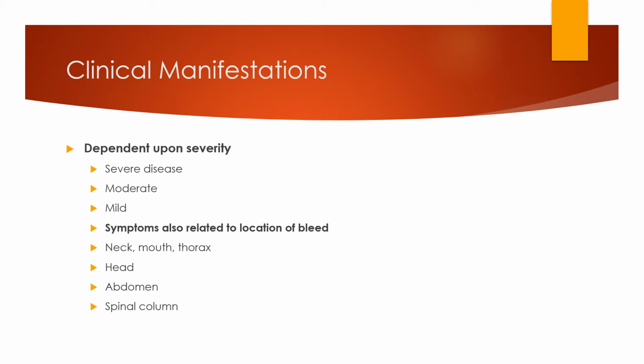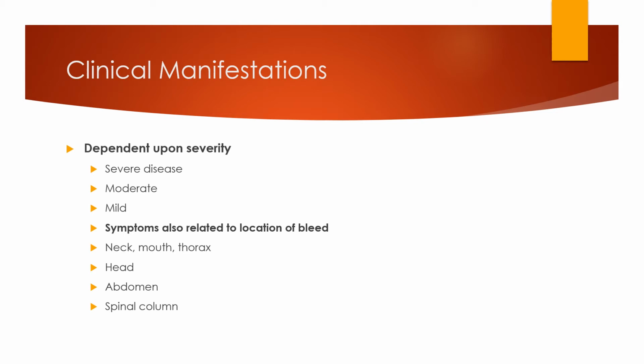We're looking at symptoms related to the location of the bleed. So when you're looking at clinical manifestations, you're looking at where the patient is actually bleeding from. When you look at the neck, mouth, and the thorax, this is where we're concerned for airway. So individuals who have any bleeding in the neck, in the mouth, or in the thorax region, we're very concerned for the airway.